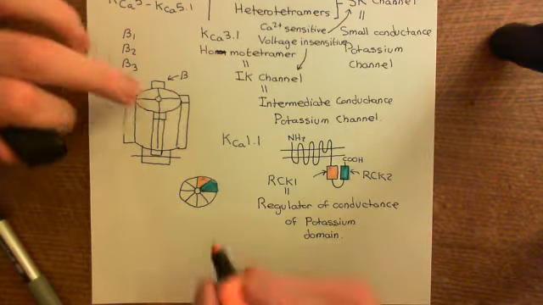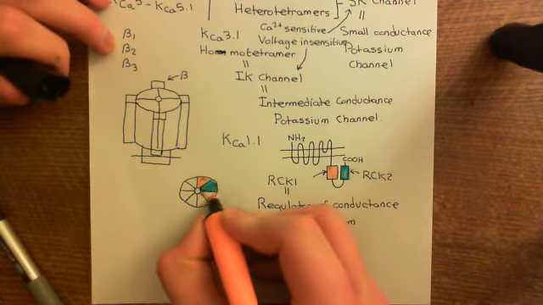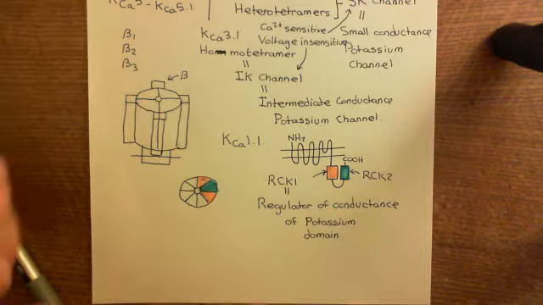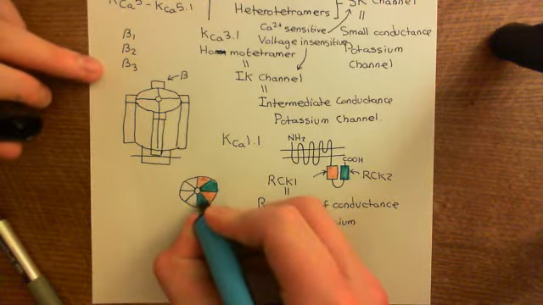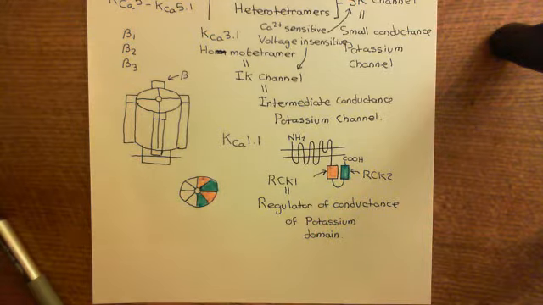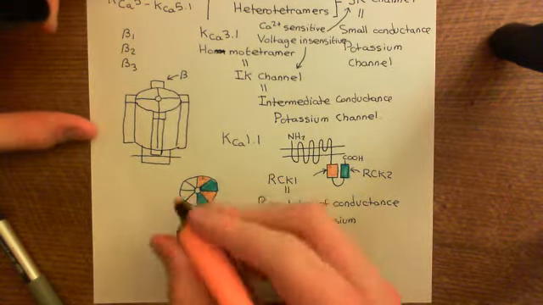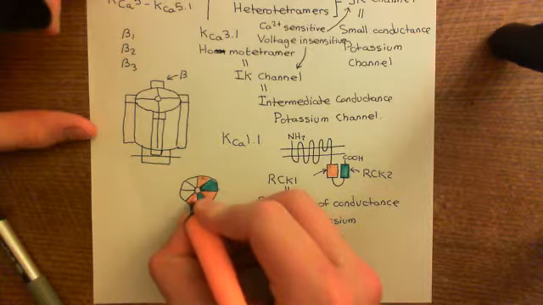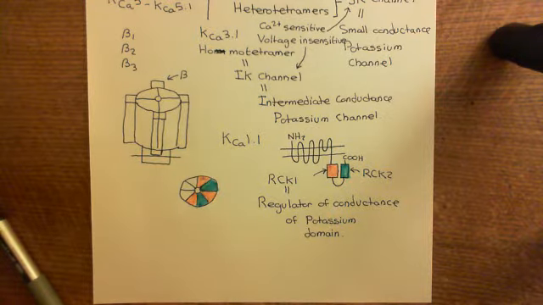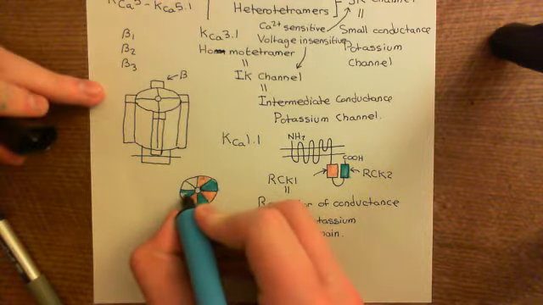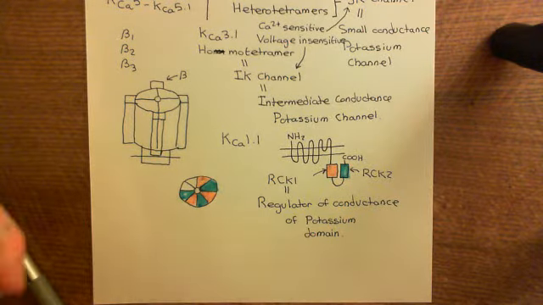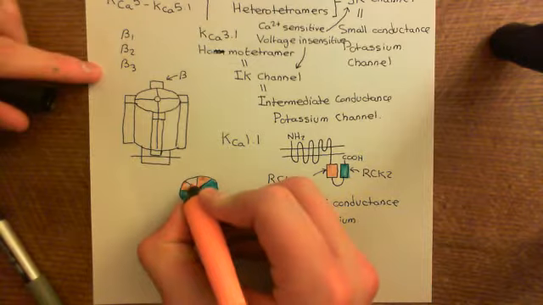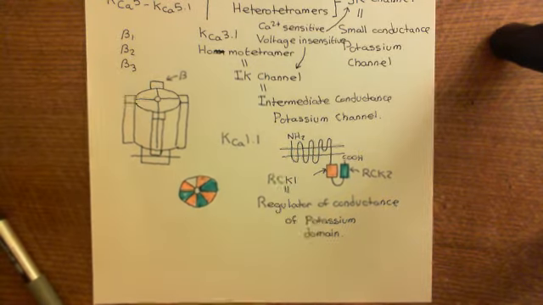Then this next alpha subunit will contribute its RCK1 domain and also its RCK2 domain. So we've now got 4 RCK domains, and this process will continue. The next one along will contribute its RCK1 domain and then its RCK2 domain, and then the final one right back here will also contribute its RCK1 domain and then its RCK2 domain.